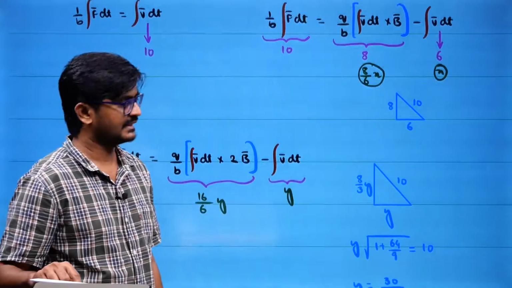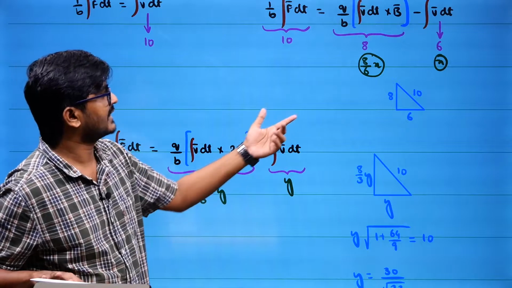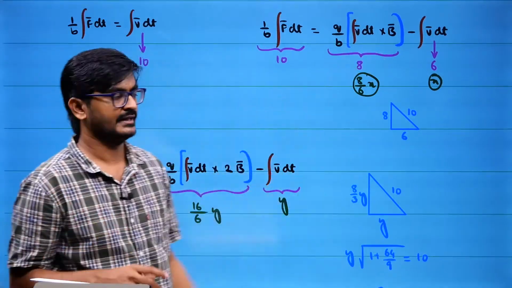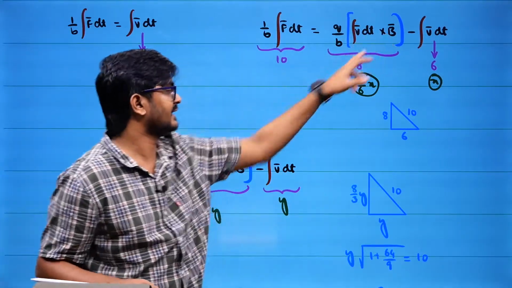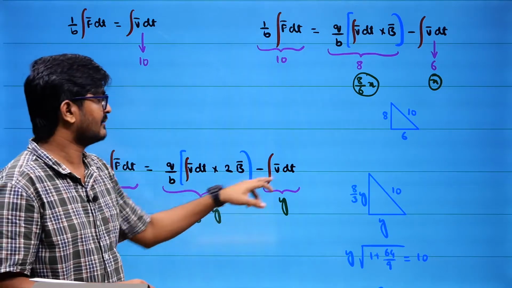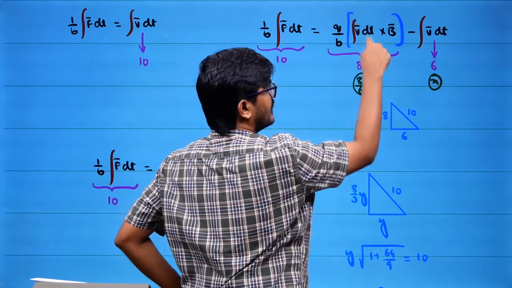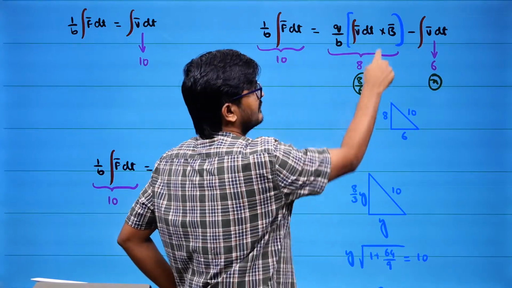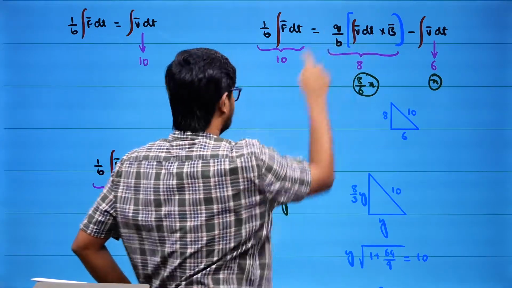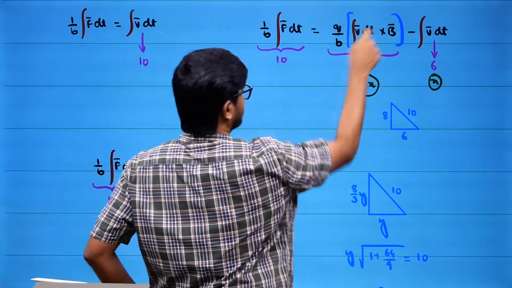Now in the second question they are saying what will happen if instead of magnetic field B, you apply 2B. In the same equation, instead of B I will be getting 2B. Now I am assuming this is y. If this is y, then this would have been 8 by 6 into y, but what is the difference between this term and this term? There is an extra 2 here.